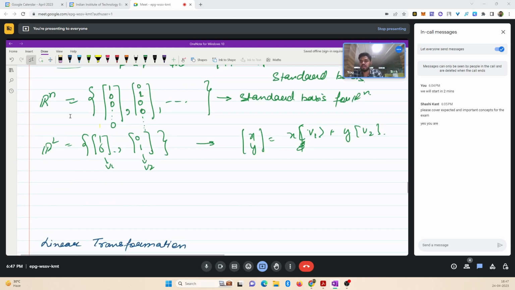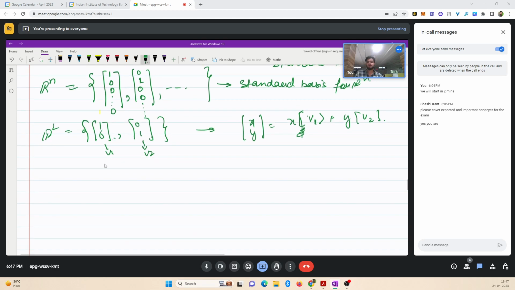The second space that I want to mention is something called polynomial space. So I'll call it P_n(R). This is polynomials up to degree n.